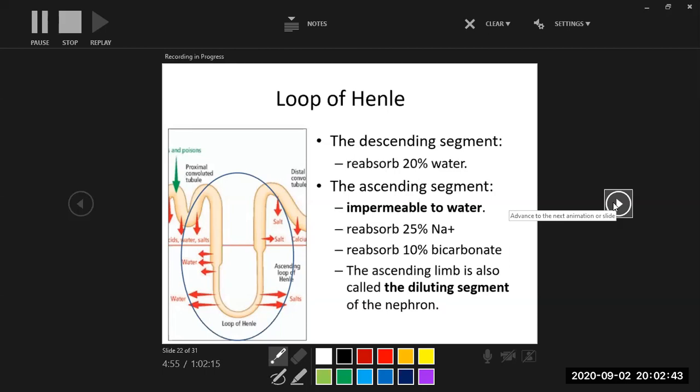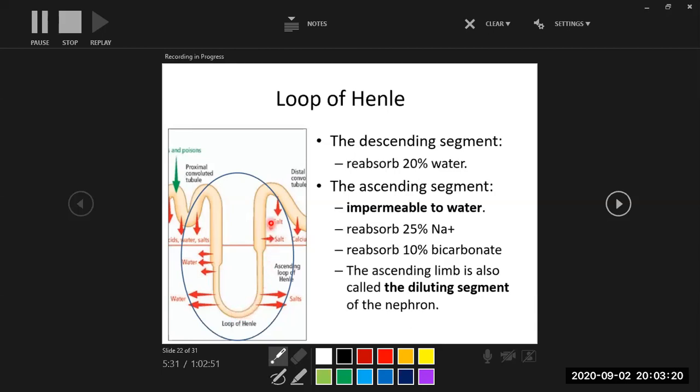So basically, the major function of the loop of Henle is that the descending limb is permeable to water. It will make the urine concentrated because the water component is the same in and out. So the solution density will be equivalent throughout this tube down here. When outside has a concentration of about 1200, the inside here will be 1200 too.